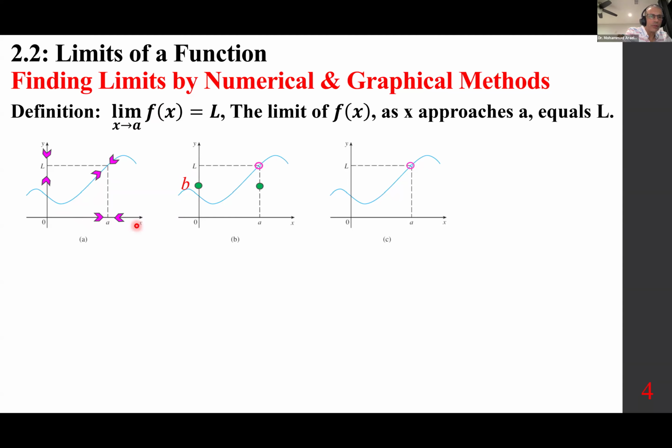As we move from the right, we are in this branch, and we are moving towards the same point. So from the bottom, we move this way along the y-axis. From the top, we move this way. And I hope you see that the limit of f of x as x approaches a is the y coordinate L. So the limit does exist.